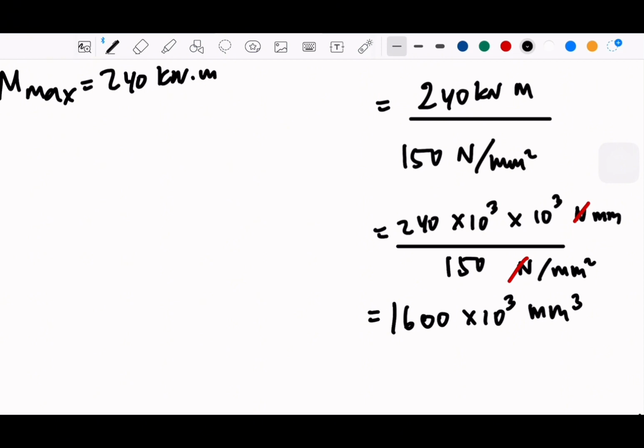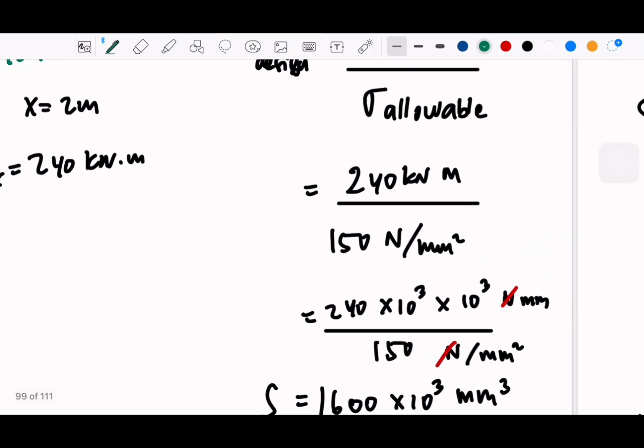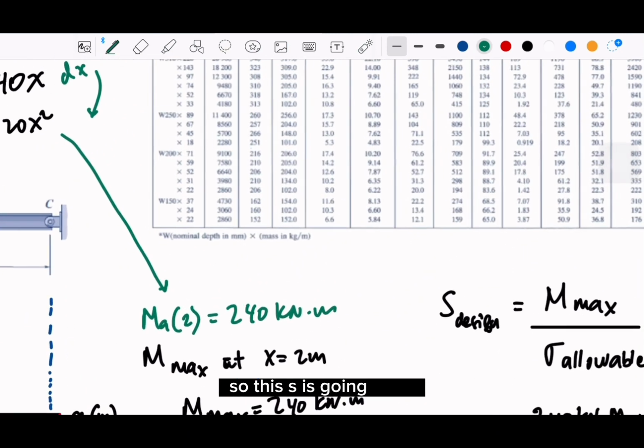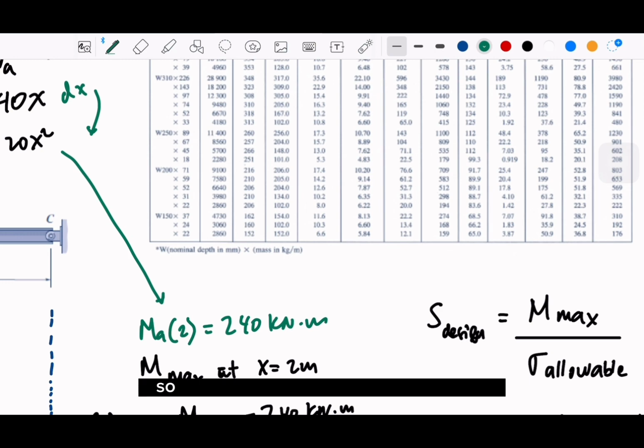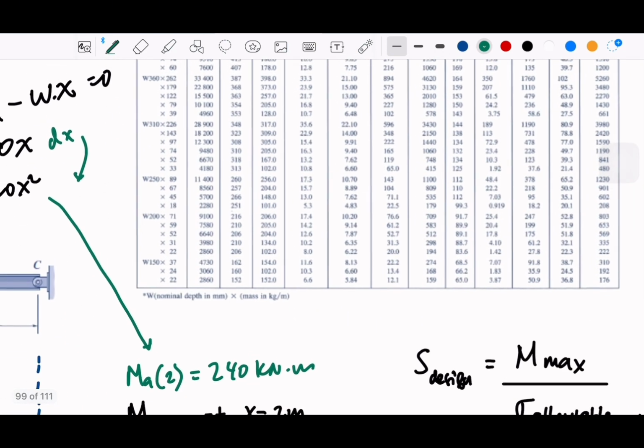Okay, so what will be the consequences? So remember our S is 1,600 thousands, right?